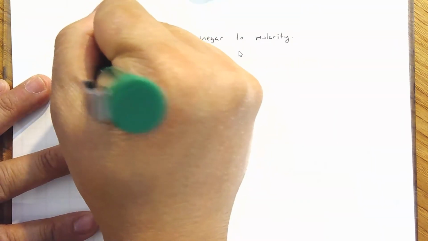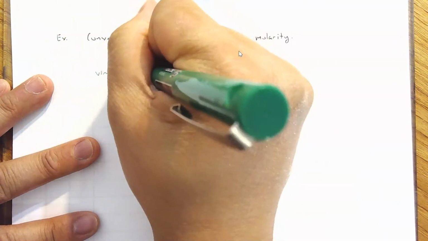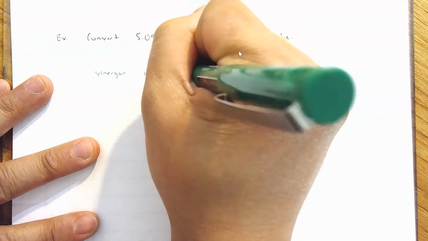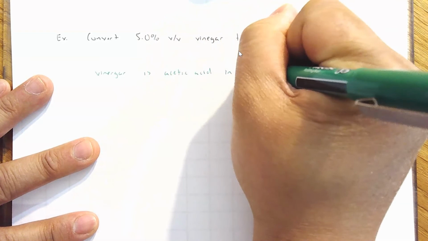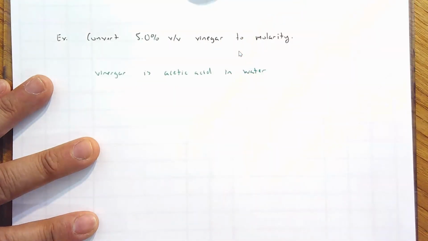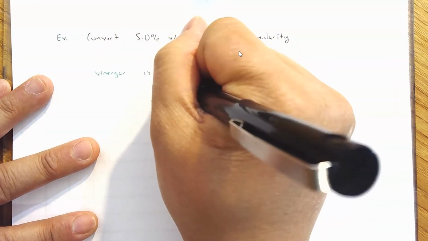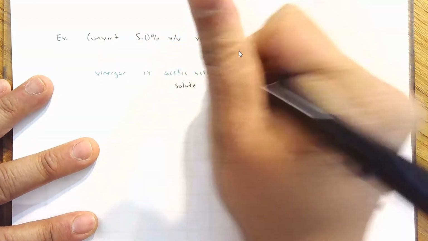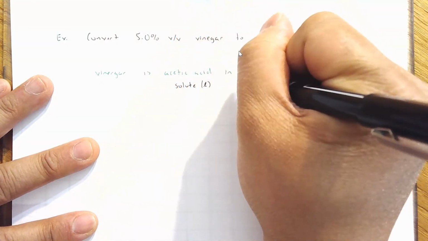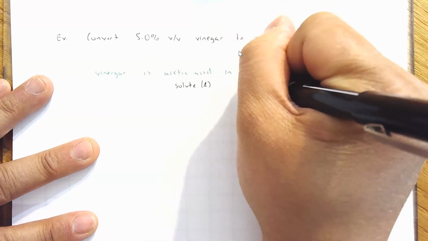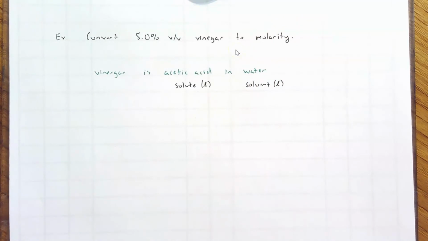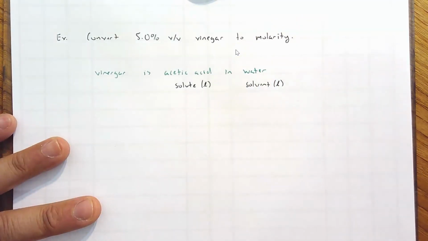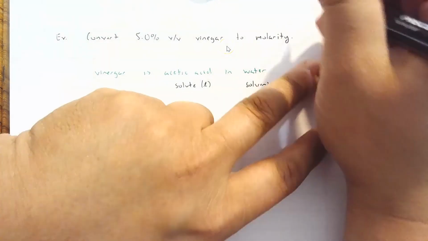Vinegar is acetic acid, so that's the solute in water. So here we have a solute, and it's a liquid, and this is water, obviously a solvent. Acetic acid. We should give you that.